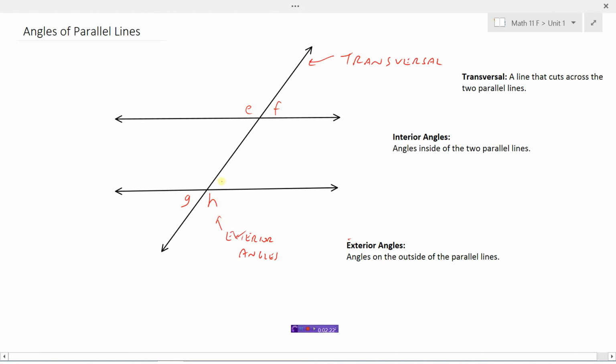So far our vocabulary includes the transversal, the line that cuts across two parallel lines. We've got interior angles, which are the ones on the inside of the parallel lines, and we have exterior angles, which are the angles on the outside of the parallel lines.